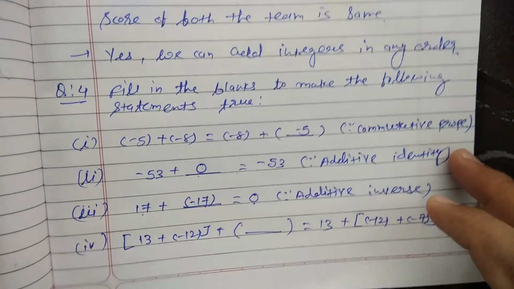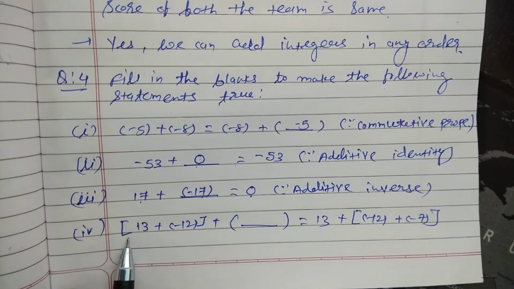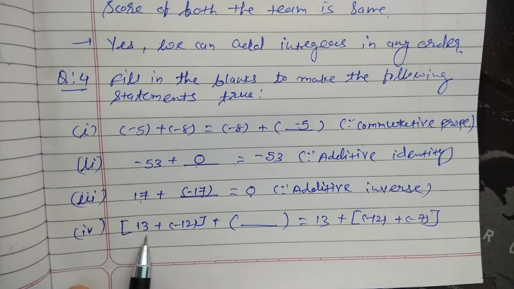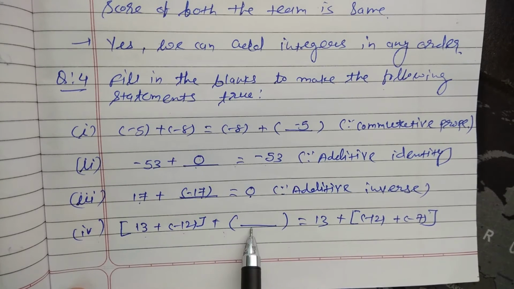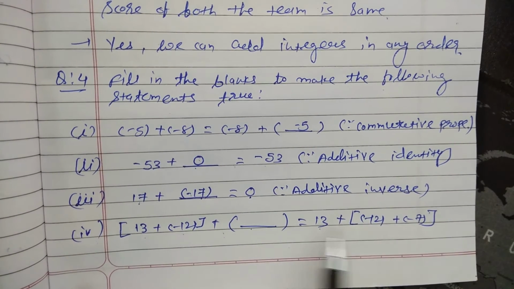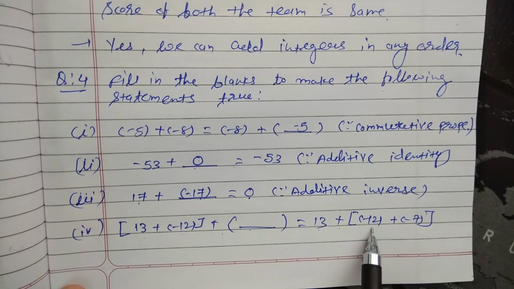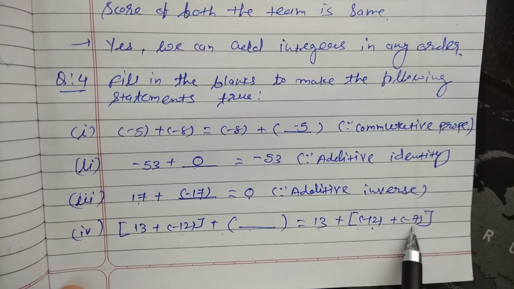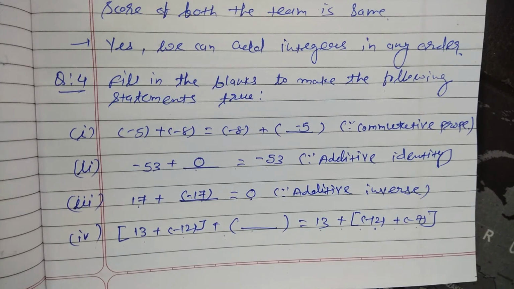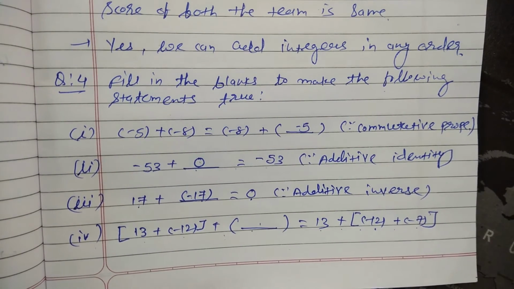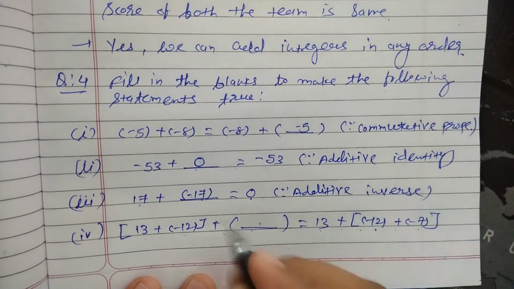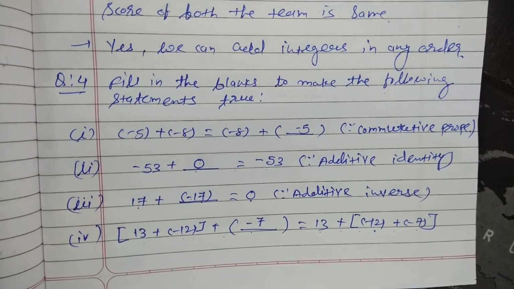Next, number 4, big bracket, inside 13 plus minus 12, bracket close, plus in the bracket dash, that is equal to 13 plus, in the bracket, minus 12 plus minus 7, bracket close. So what will come in this bracket? So it will come minus 7. Now you can say why?